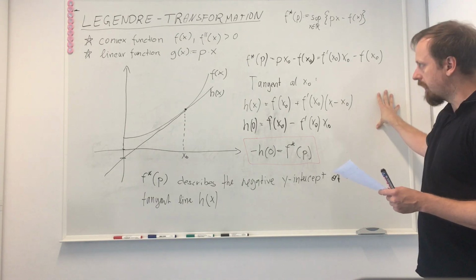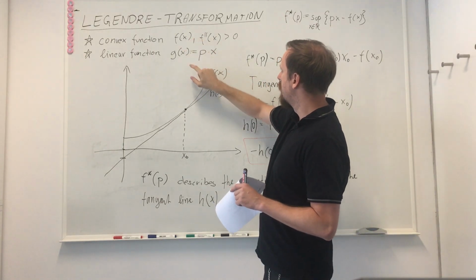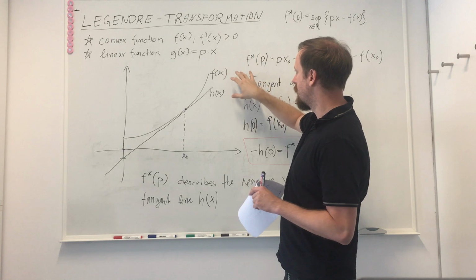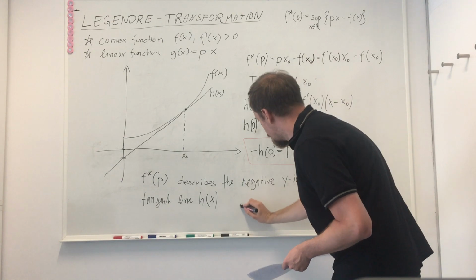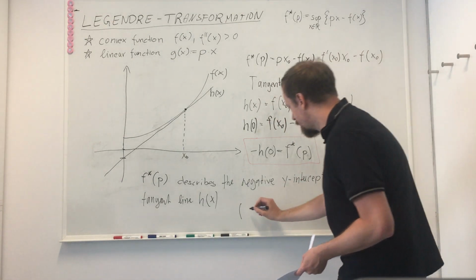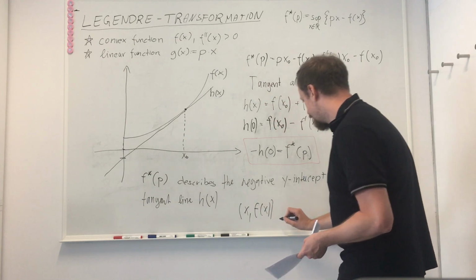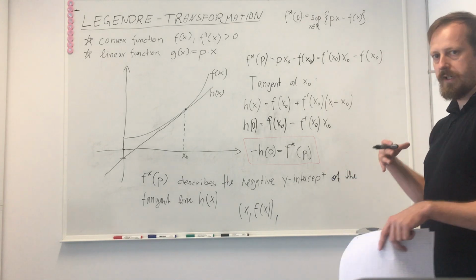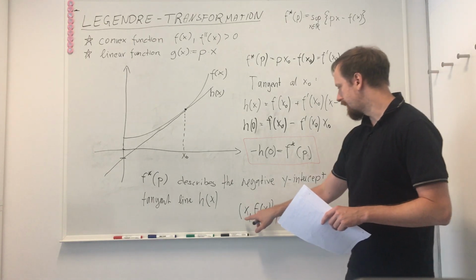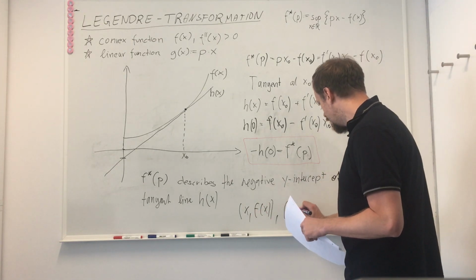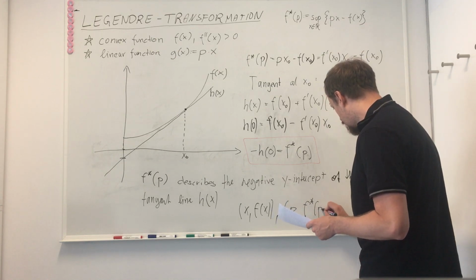Let's repeat again what we have found. We started with the function f of x, which is convex for all x, and this function encodes, so to say, information with the pair x and the corresponding f of x. And by applying the Legendre transformation, we have shifted the information contained here to the pair p and f star of p.